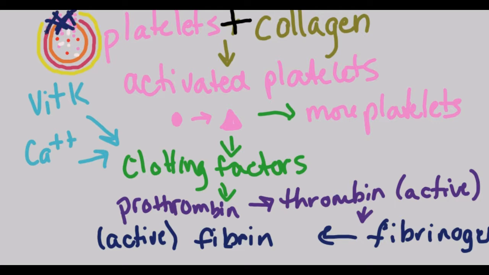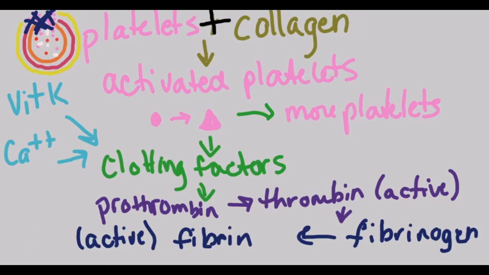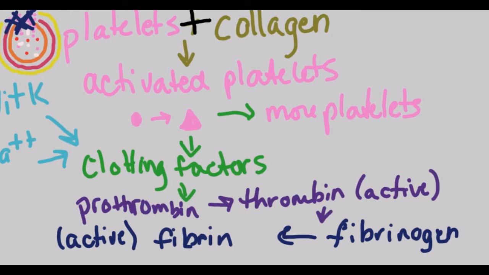So the active hemostatic agents are going to be involved in this last pathway down here. They are going to convert the fibrinogen into active fibrin. So they are at the end of the clotting cascade, and one of the clotting agents that we're going to use for that purpose is actually thrombin.